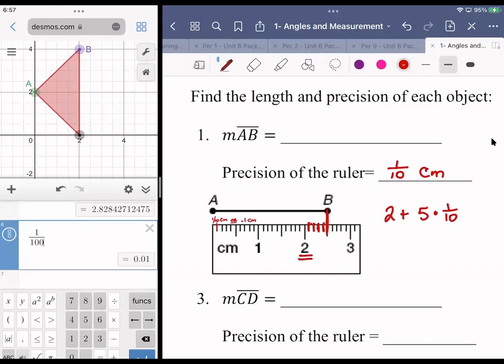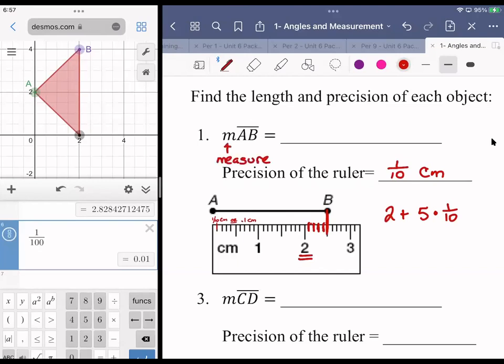When you're finding a percent of something or a fraction of something, that's an indication of multiplication, right? And also the directions here say find the length and the precision of the object. We know what to do here, but the notation also tells us to do that as well. That little m here means the measure.